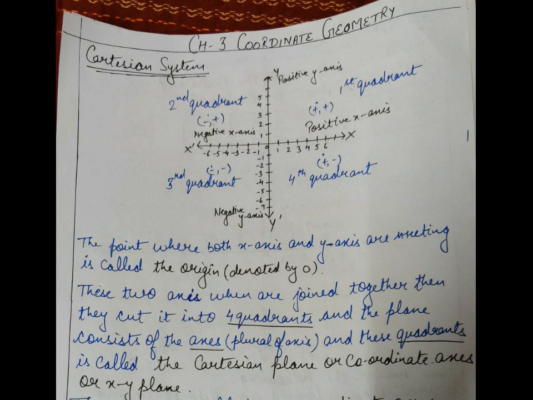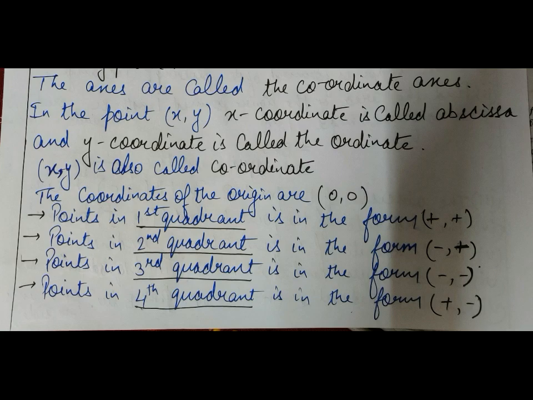Now in this point you can see that there are 4 quadrants in the Cartesian system itself. You can see I have mentioned the quadrants in the figure.